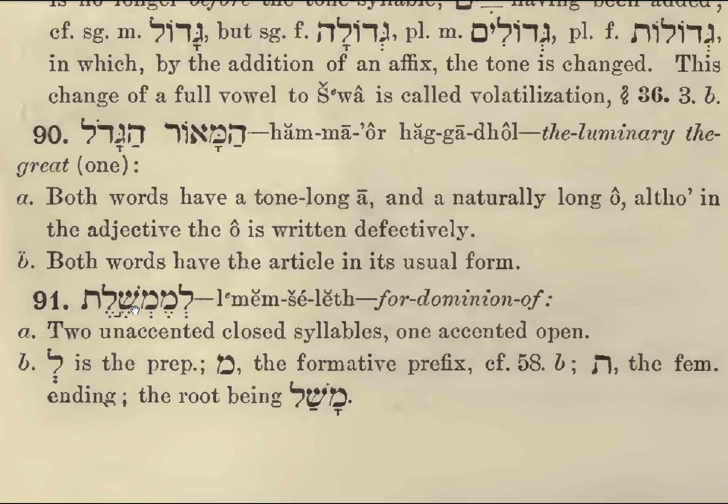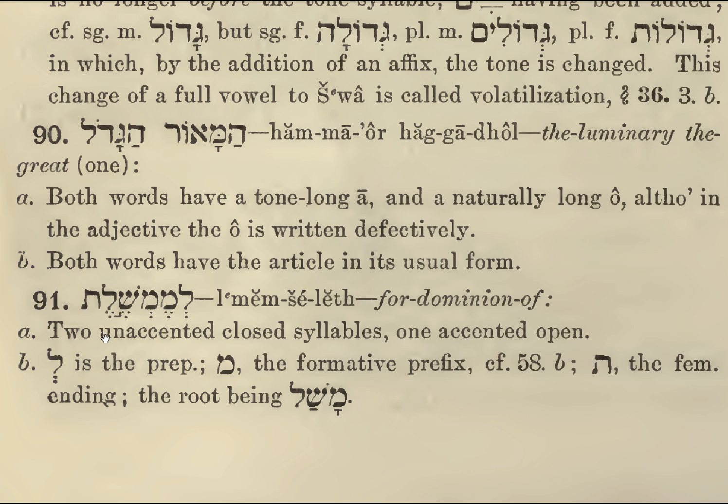Lemim shelet. Here we have the accent, even though it's a short vowel, and it's the usual form with two of these, one after the other, that it goes to the penult. So lemim, this is our end of syllable marker. Shelet, for dominion of, for ruling over.